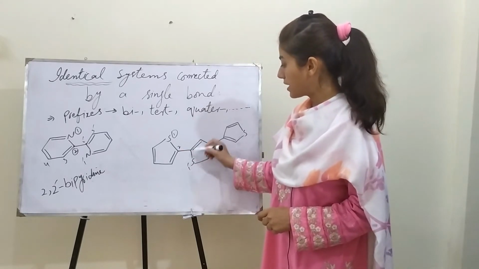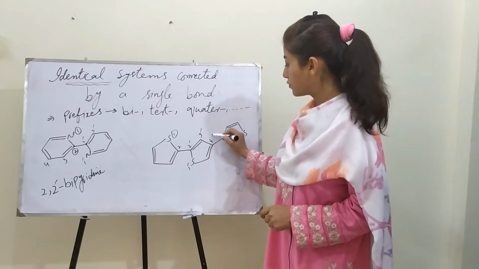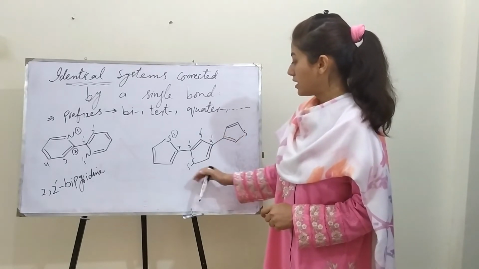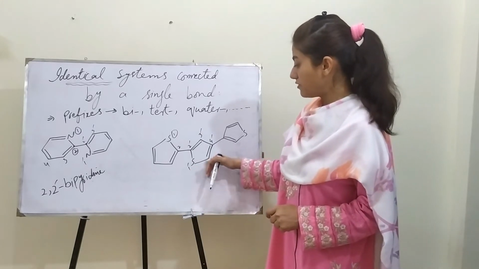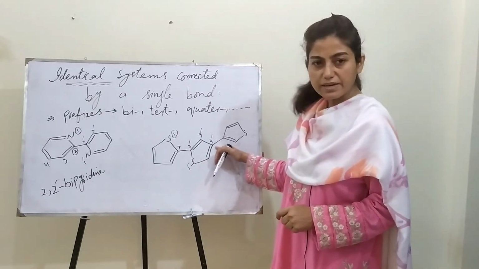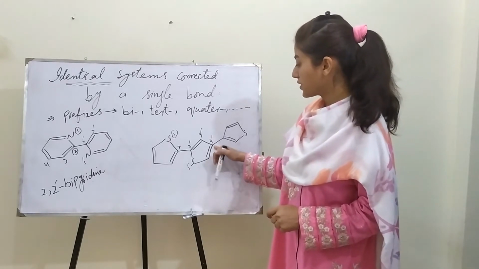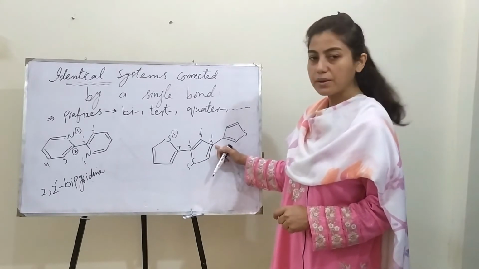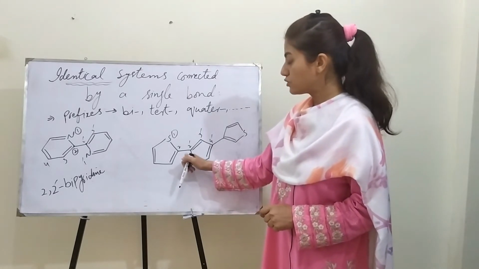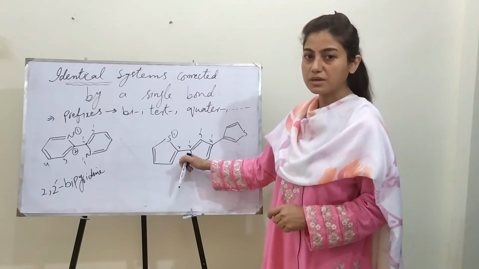And similarly in this case, here the heteroatom would be given number 1, this is 2, and in that case this would be 1 prime, 2 prime, 3 prime, and 4 prime. Then we can also see whether we can move along this direction, but we cannot move along this direction because here the other heterocycle is at 1, 2 and 3 prime position, but here it is at 2 prime position, so the preference would be given to the lowest possible number.